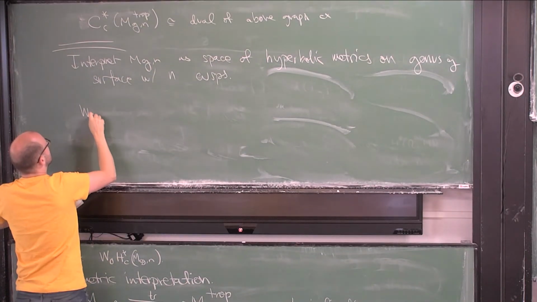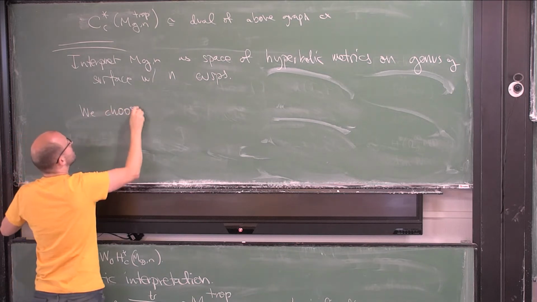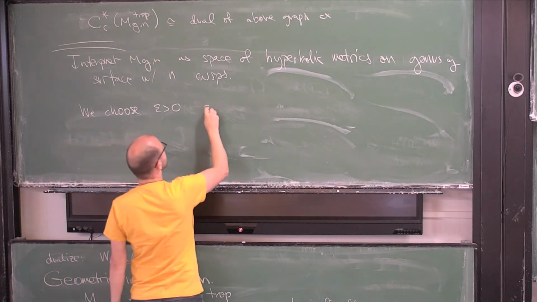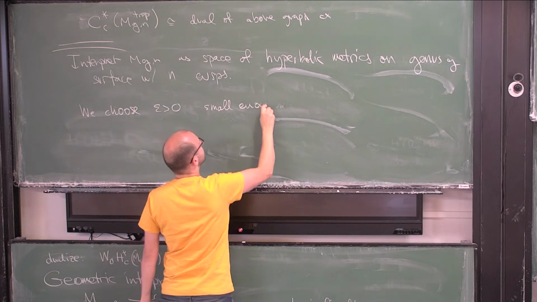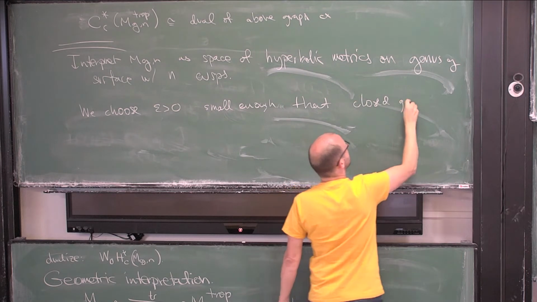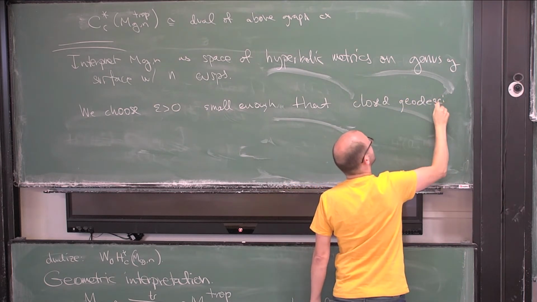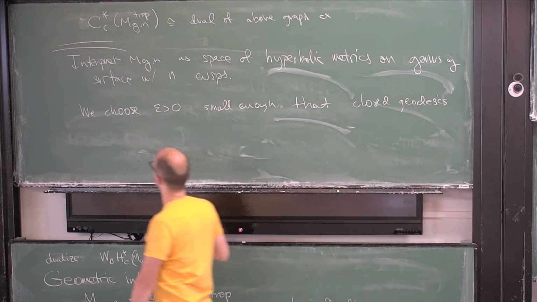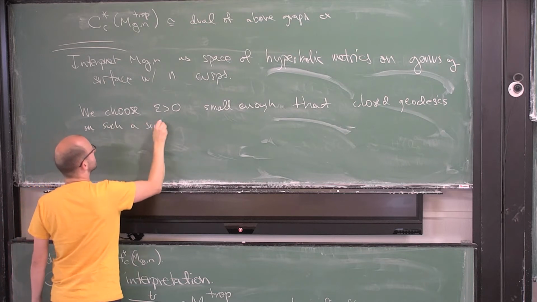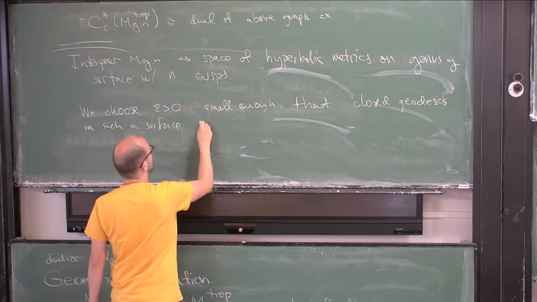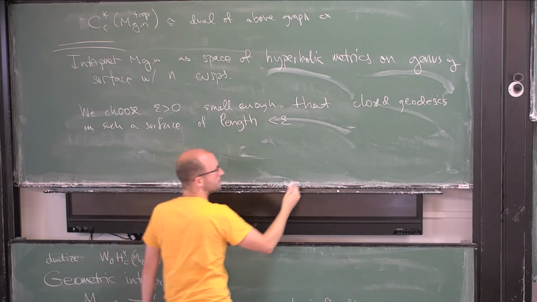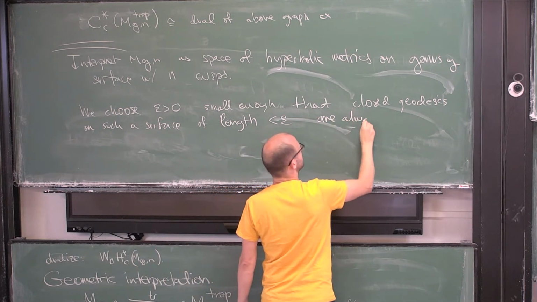Now I want to choose some positive real number epsilon, small enough that closed geodesics on such a surface of length less than epsilon are always disjoint.